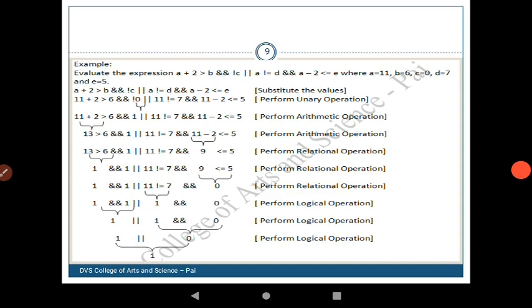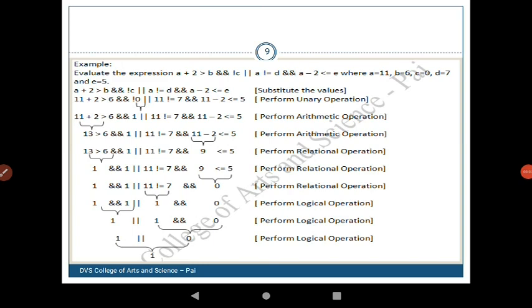Now the resultant expression will be 1 logical and 1 logical or 1 logical and 0. Now perform logical operation from left to right as per the priority. We need to carry out the first expression, that is 1 logical and 1. The result will be 1 because both the operands are 1. Now the resultant expression will be 1 logical or 1 logical and 0.